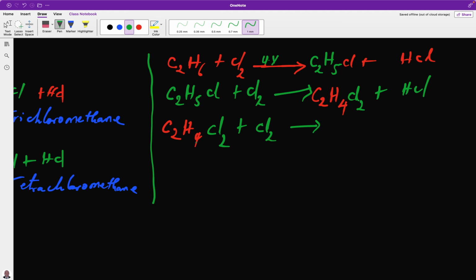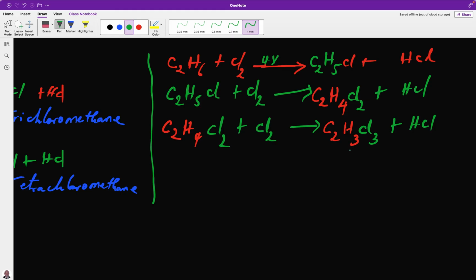Now the number has to drop to 3. It will now give us C2H3, and instead of Cl2, it is Cl3 because one hydrogen has been replaced. C2H3Cl3 plus what? Plus hydrogen chloride.